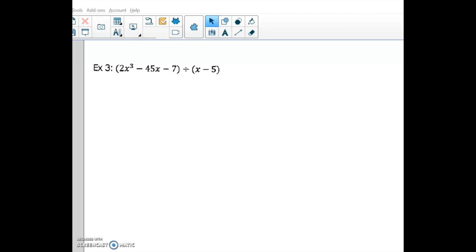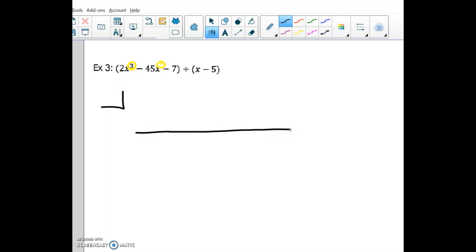Okay, let's look at example 3. Notice once again that we have the third term and the first term, but we're missing the second term. So we're going to make sure we place hold the second term. So our 0 is going to be 5. Our coefficients are going to be 2, 0 for the x squared, negative 45, and negative 7.